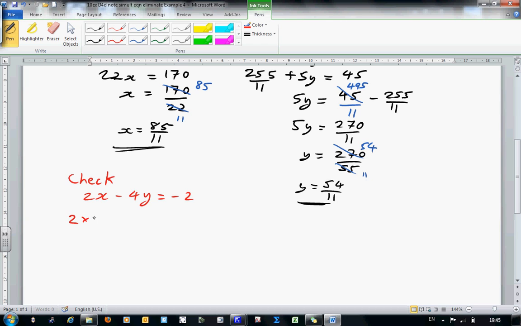2 times 85 is 170 over 11 minus 4 times 54. Well, 4 50s are 200, 4 4s are 16, so I've got 216 over 11. This gives us 170 minus 216 all over 11. 170 minus 216 is negative, what?